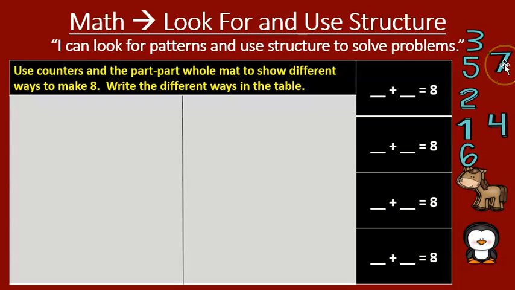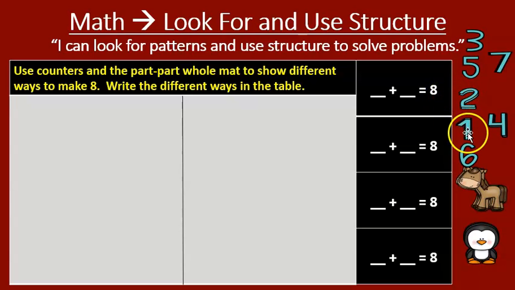5 plus 7, that is not going to equal 8, okay? 4 plus 1, that is not going to equal 8. I put these here just to help you, okay? Like if you want to put 3 circles here, then you got to figure out how many circles you need to put on this side to get to 8, okay?